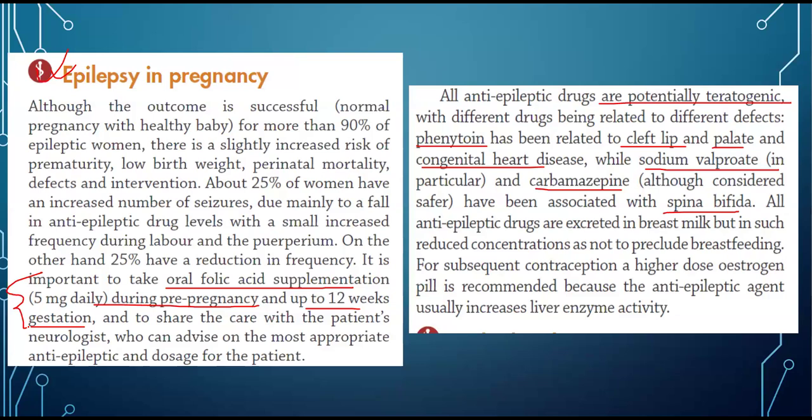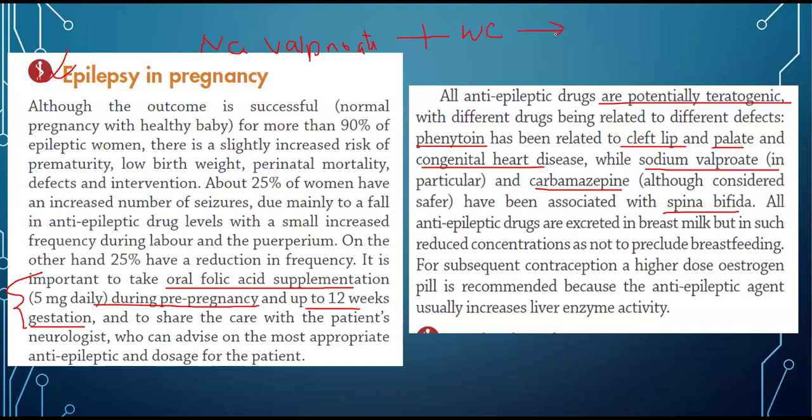Now, the question that comes in exam: a patient comes to you for pre-pregnancy counseling and she is a known epileptic. She takes sodium valproate, and for the last 2 years she has not had any seizure. That means her seizures are well controlled.